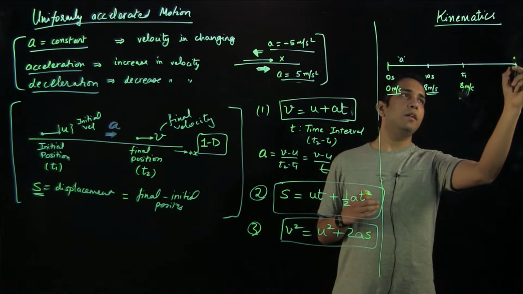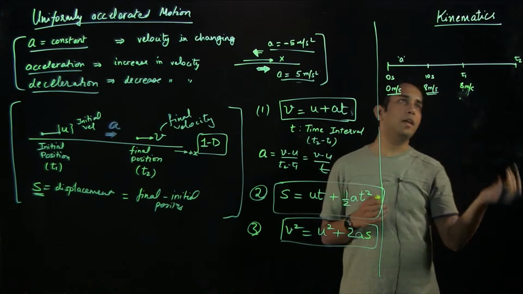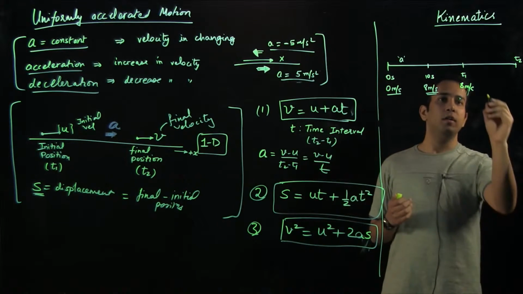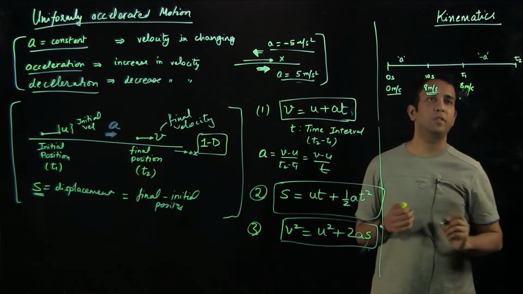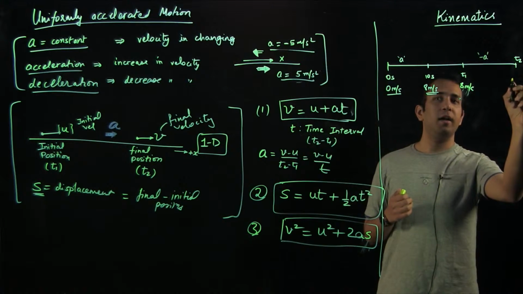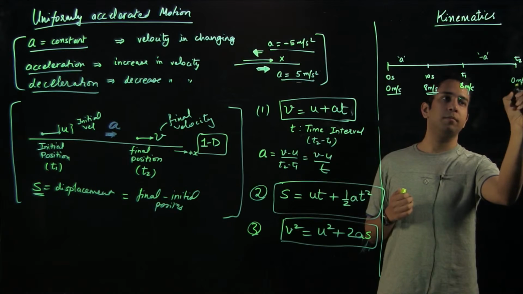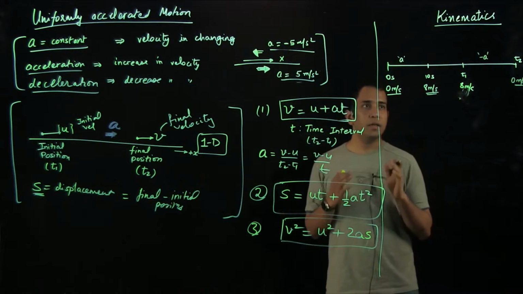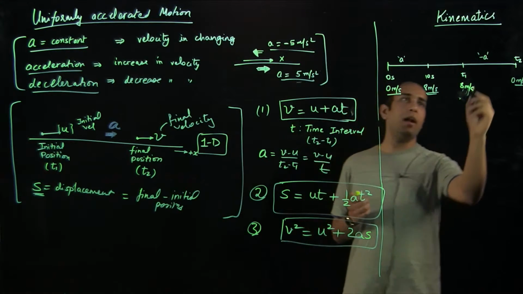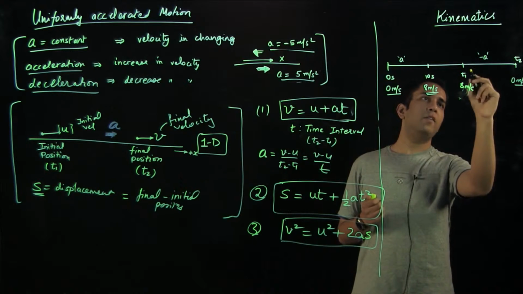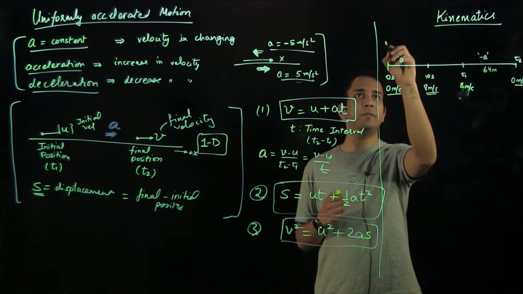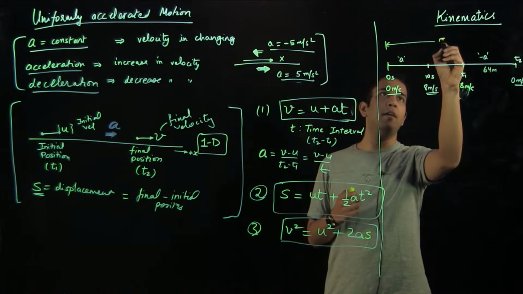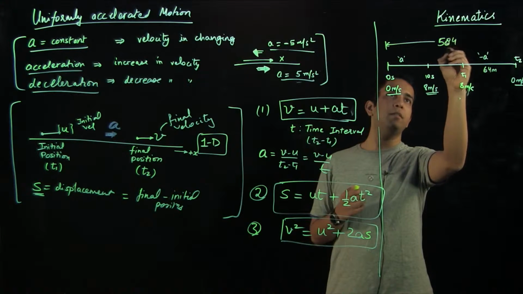And then till the end point, let us consider it as time t2, the particle again decelerates, so there will be a negative acceleration associated with it, and it again comes to rest. The displacement which the particle did in the last interval of t1 to t2 is 64 meters, and the overall displacement which the particle did was 584 meters.